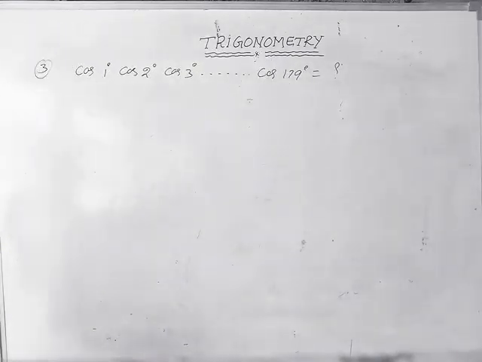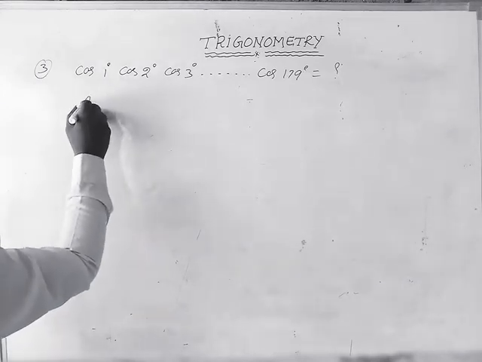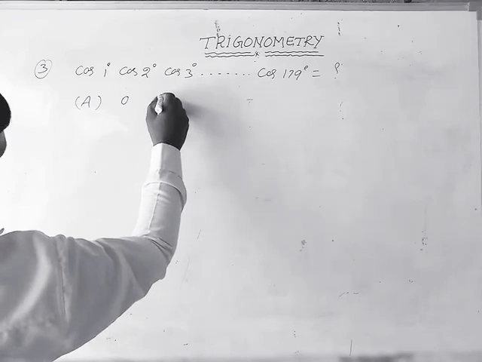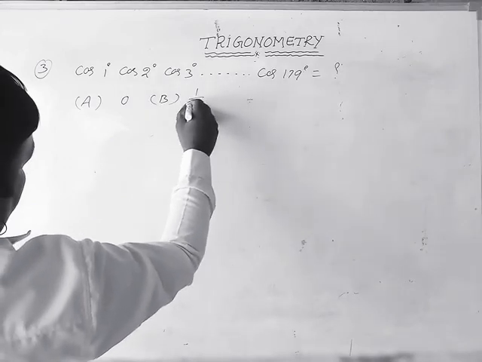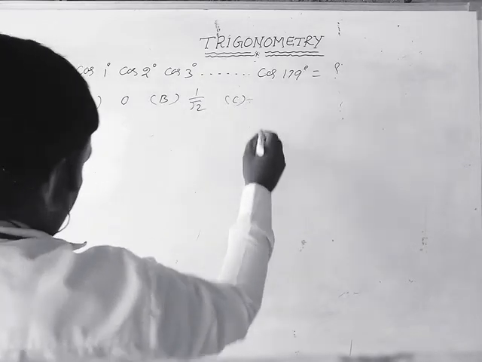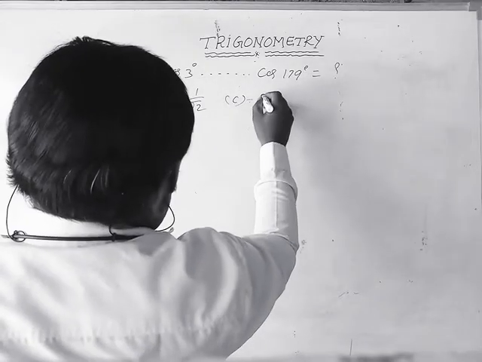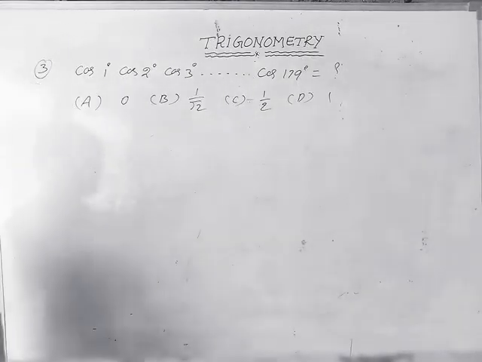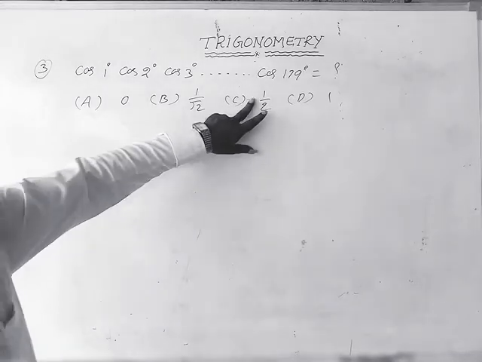What is that value? There are given options. A is 0, B is 1 by root 2, C is 1 by 2, and finally D is 1. What is the correct answer?